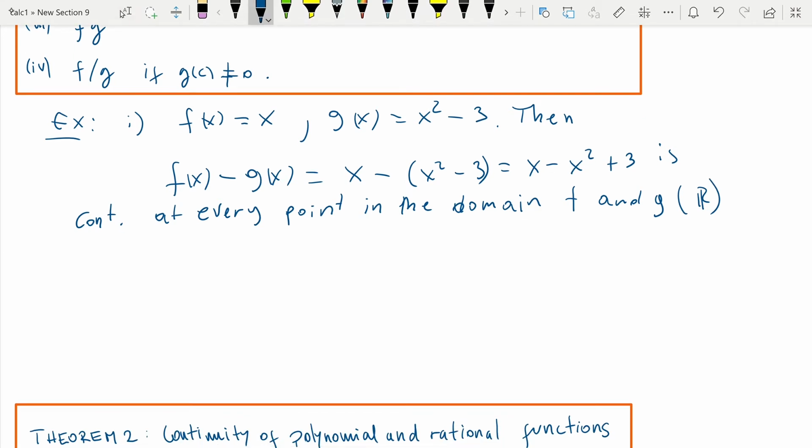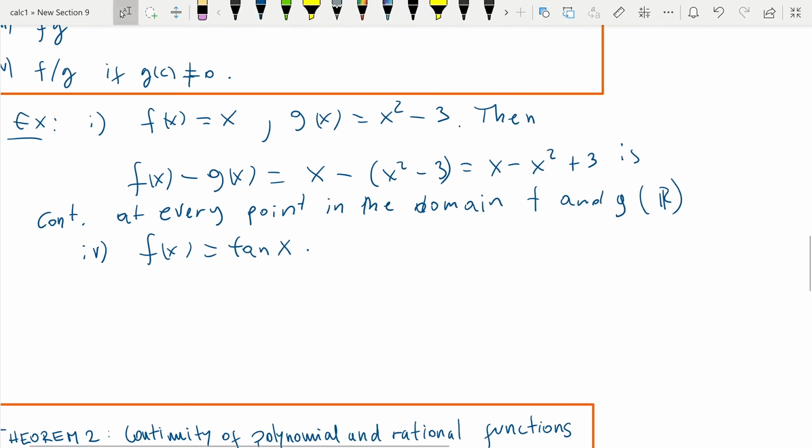Okay, for the last property, for the quotient, we may consider the function f of x, which is the tangent of x. If you remember, the tangent of x can be written as a quotient, so you can write f of x as some g of x over h of x, where g is the sine of x and h of x is the cosine of x.